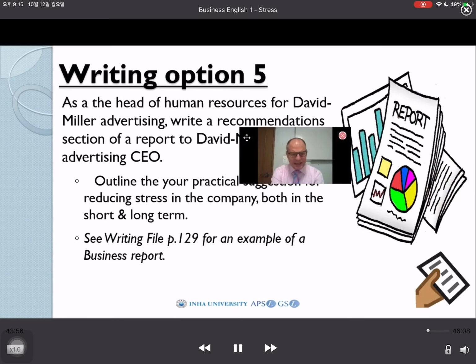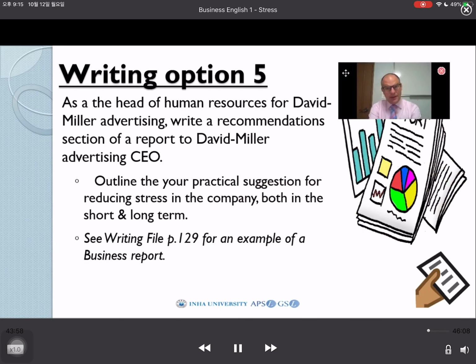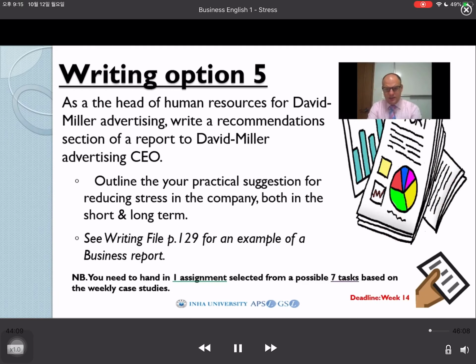Again, you can see examples on page 129, but they're just very, very basic examples. I'm looking for a really high quality piece of work to be handed in on week 14. Remember, I only need one assignment this semester.